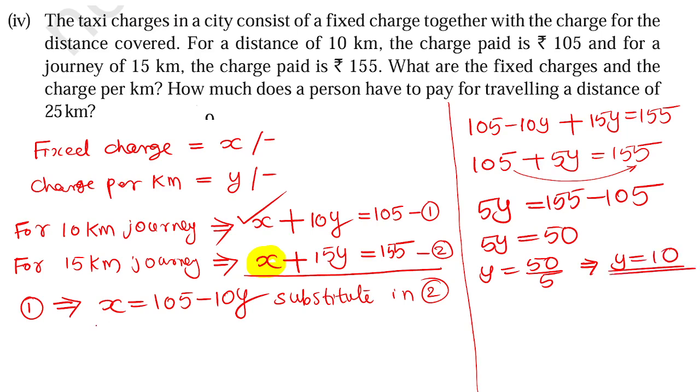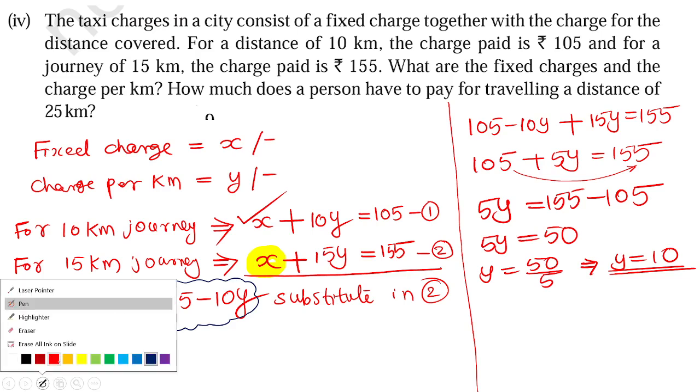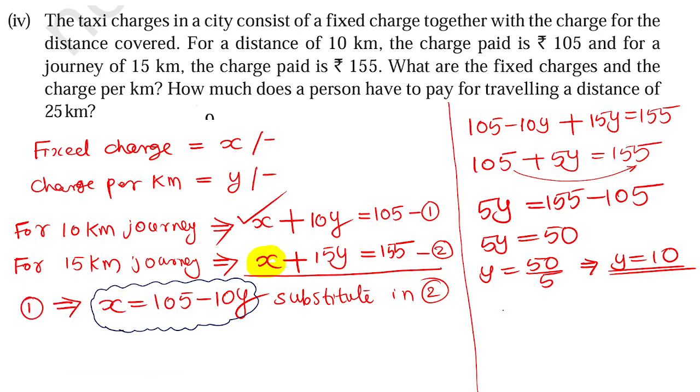Now I want x. I want to find out both x and y. So x, it's very simple because I have a direct formula for finding x. I am going to use this one. I will directly get x. X equal to what? 105 minus 10y.